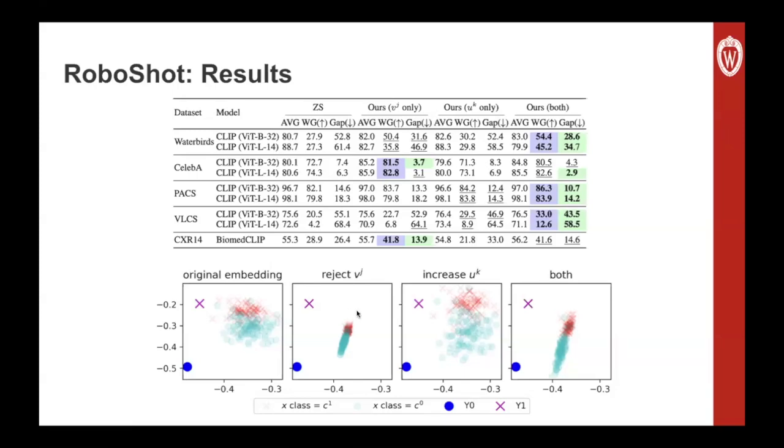Once we reject or remove the spurious features, as you can see, the variance in one direction is really reduced, and the hope is that this is the spurious feature. And when we only do the increasing of non-spurious features, then the variance in the orthogonal directions gets larger. And when we do both, we get a nice mixture of both.